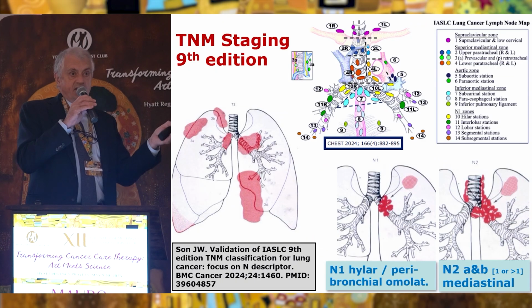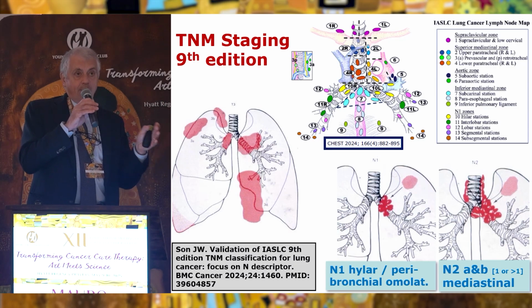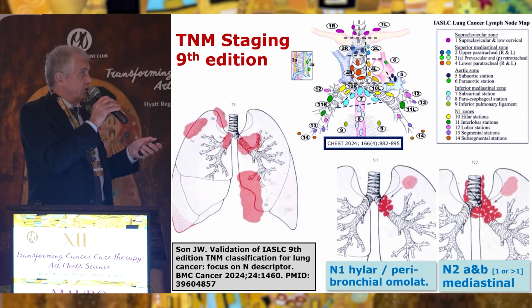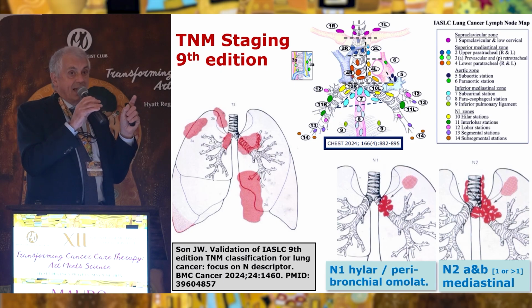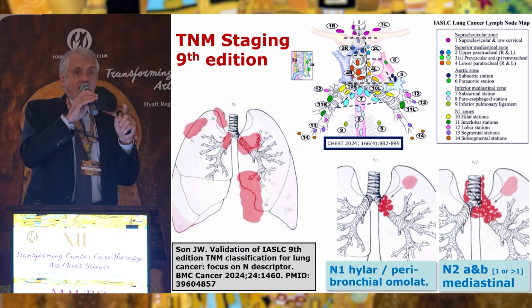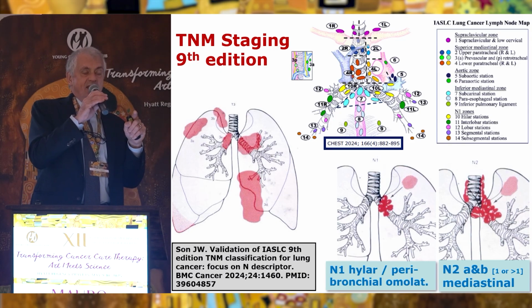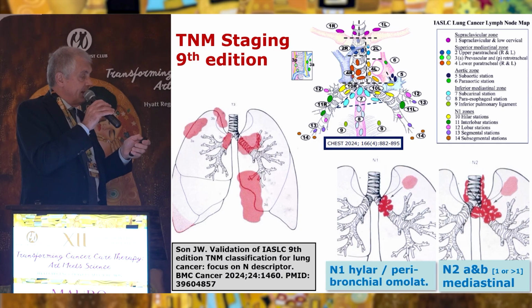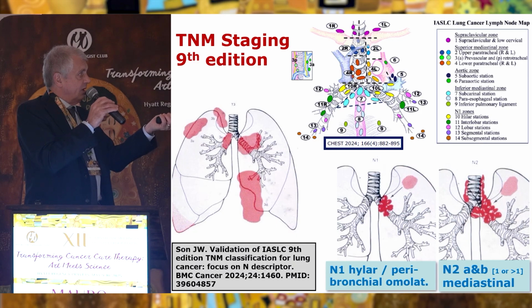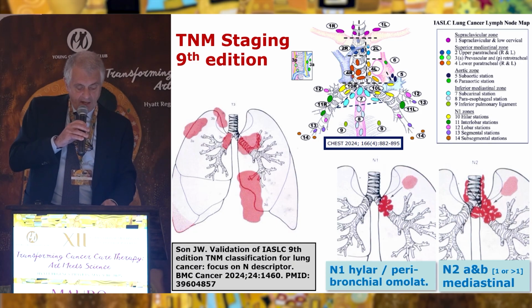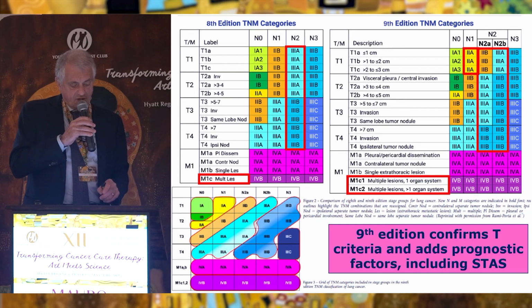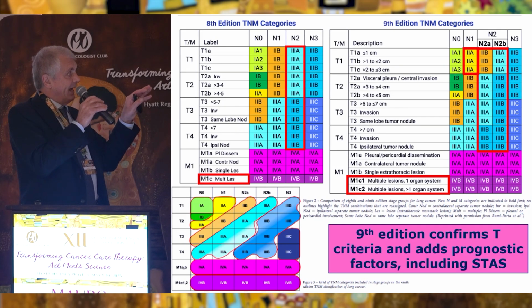Regarding staging, there is the new 9th edition of the TNM with minor modifications in the lung. I will not spend time on that. Keep in mind that sometimes you will see a discrepancy between the TNM staging system edition 8 versus edition 9, because, for example, for the N2 condition, like here in the bottom right of the slide, there will be a differentiation in N2a and N2b based on the number of lymph nodes, which will make additional minor changes.